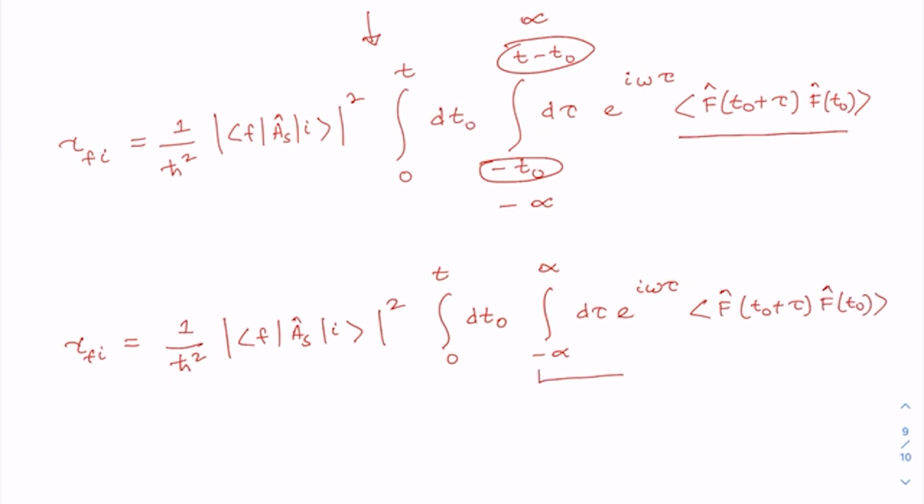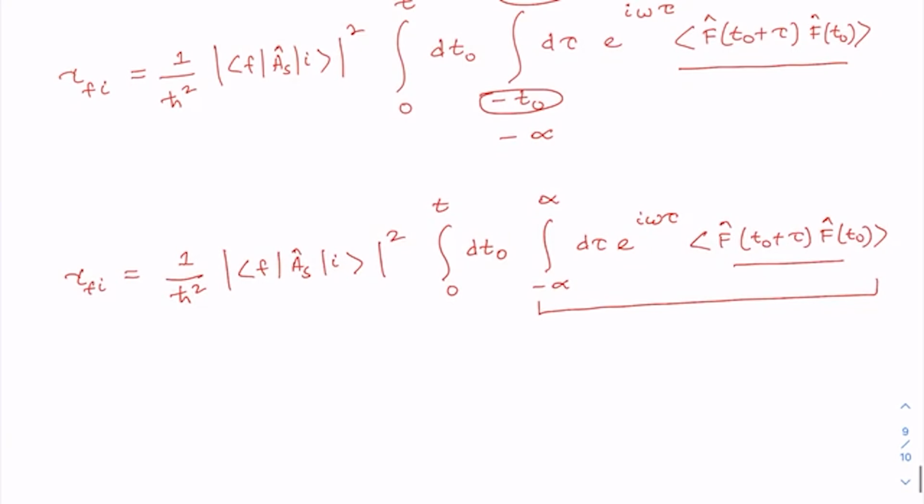As you can see, this is nothing but the Fourier transform of the correlator, and therefore this integration will give us t, and the rest I can write simply as f f omega.